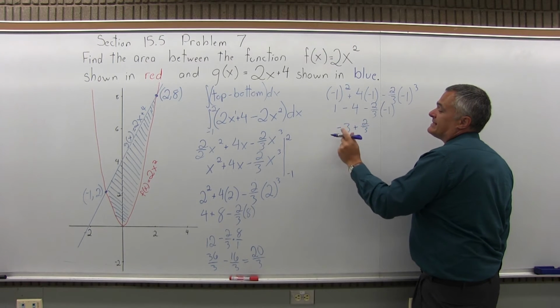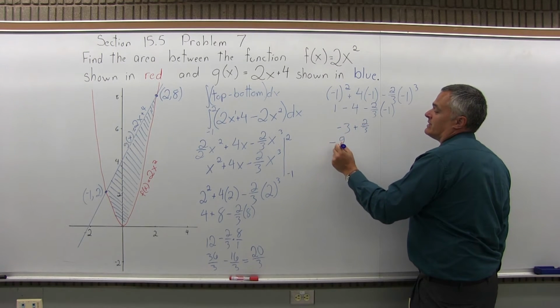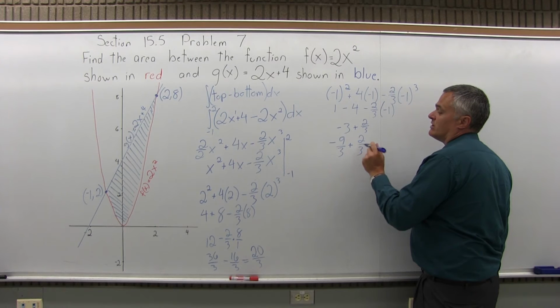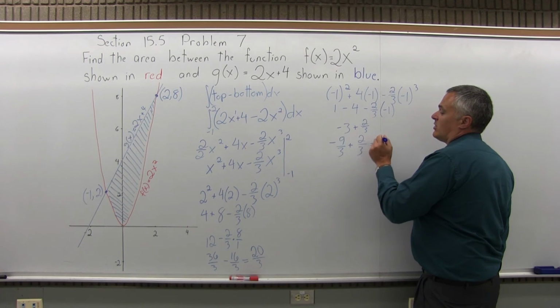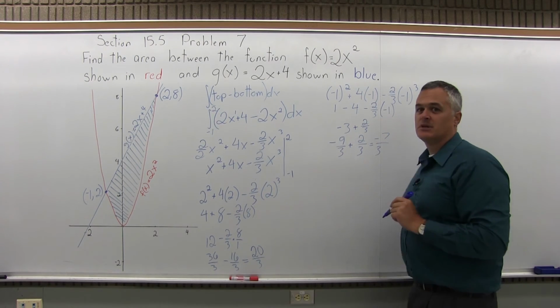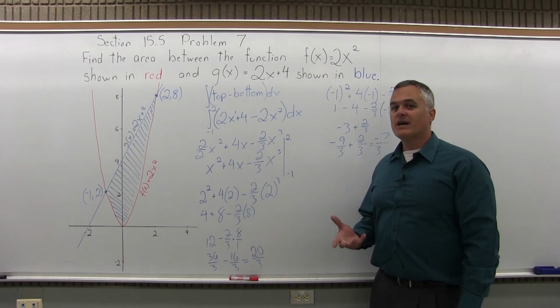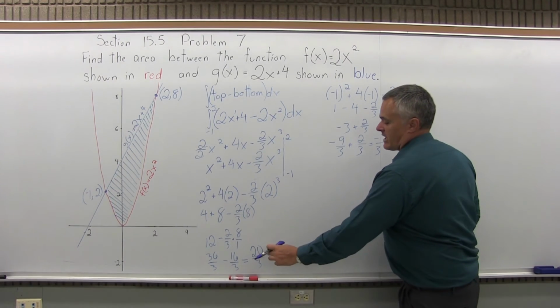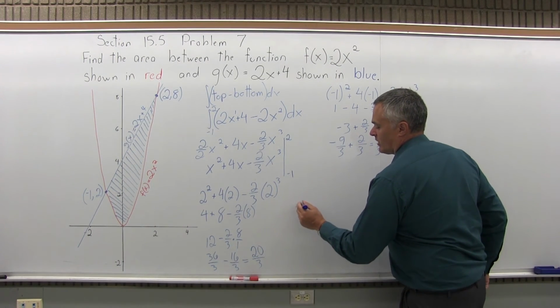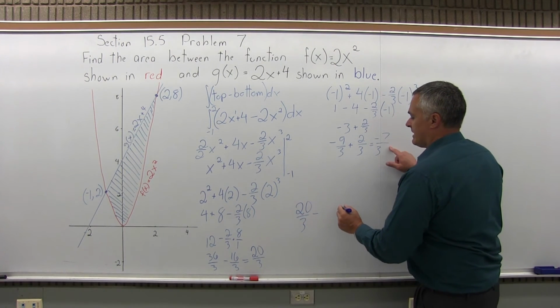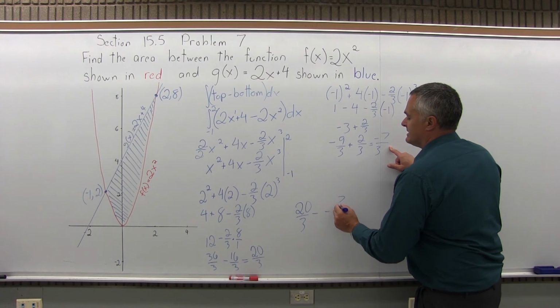So let me write the 3 as 9/3. Negative 3 can be written as negative 9/3. That's still negative 3, but this way I have a common denominator. So negative 9/3 plus 2/3. Common denominator is 3. The numerator is negative 9 plus 2, which is minus 7. So now I have a result for my lower limit of integration. The final step is to subtract my result from step 2, the 20/3, minus the result from step 3, the negative 7/3.